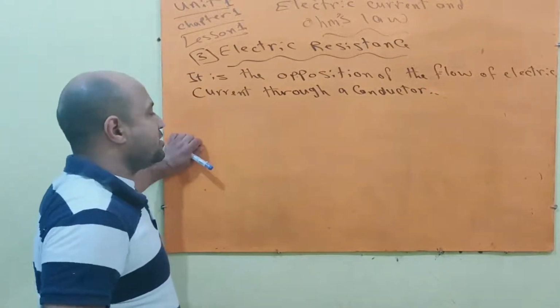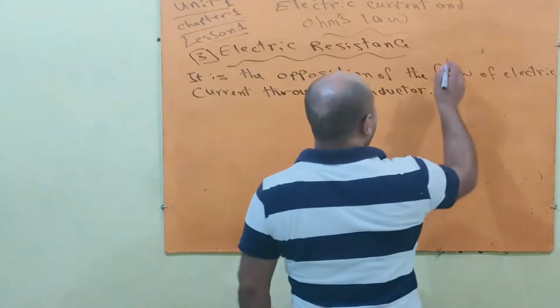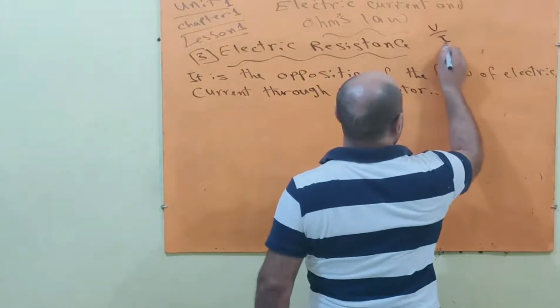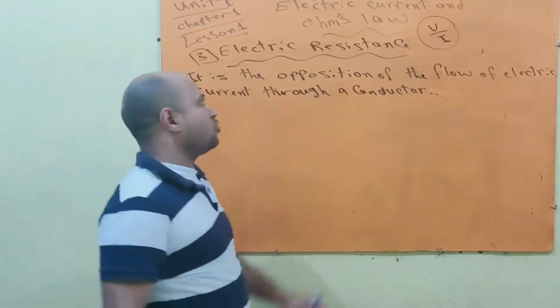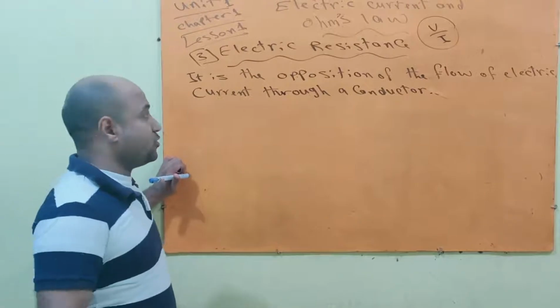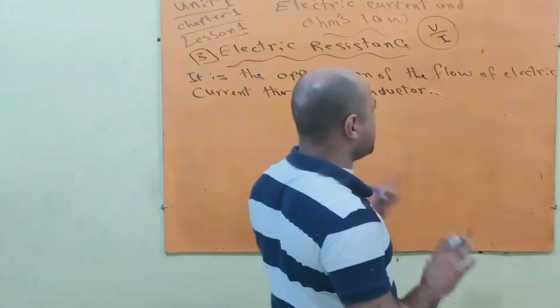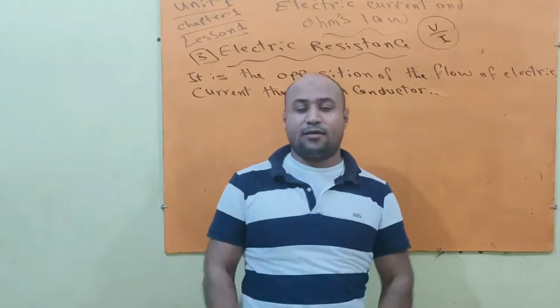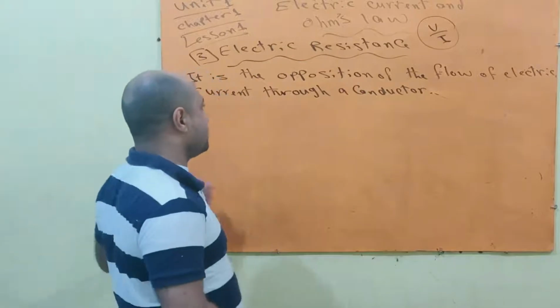There is another definition for electric resistance. It is the ratio between potential difference and the electric current, and this definition comes from Ohm's law. We are going to talk about it later, okay? But you should know the electric resistance is the opposition of the flow of electric current or electric charges when they flow through the conductor.